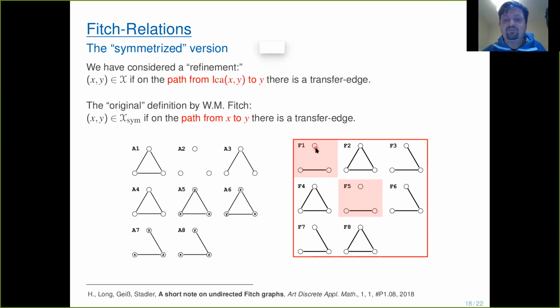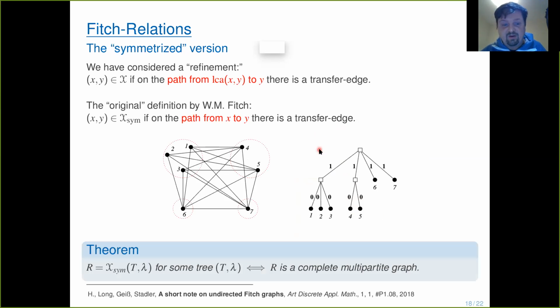It's precisely the fact that they do not contain an edge with an isolated vertex as an induced subgraph. And so a symmetric Fitch relation must always be a complete multipartite graph. This is the characterization. You can see here an example of a Fitch tree that explains this complete multipartite graph.